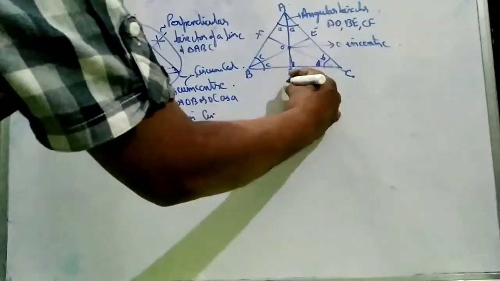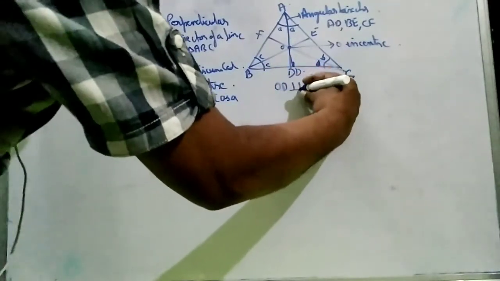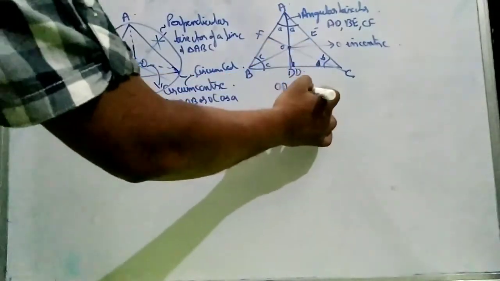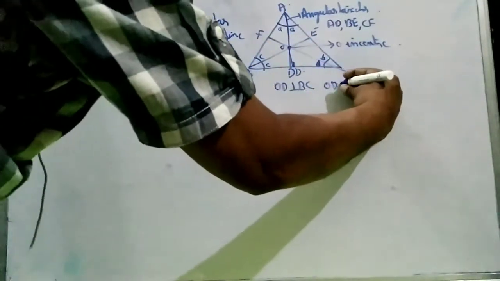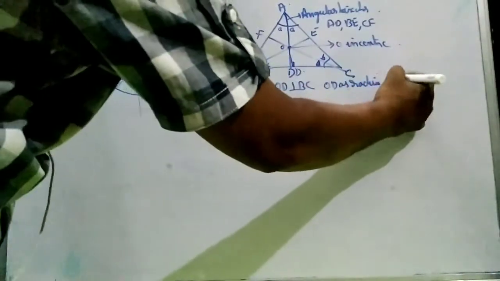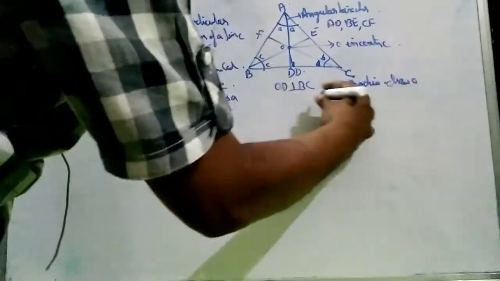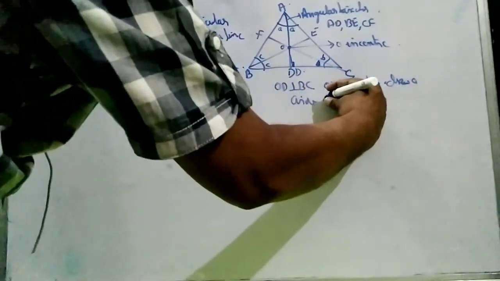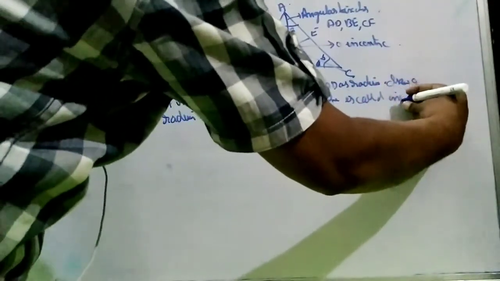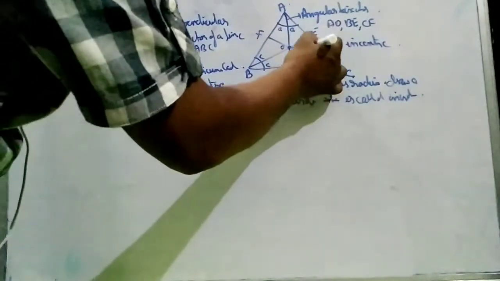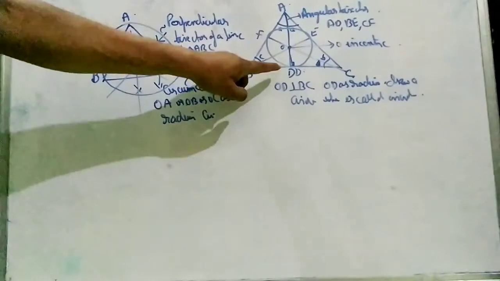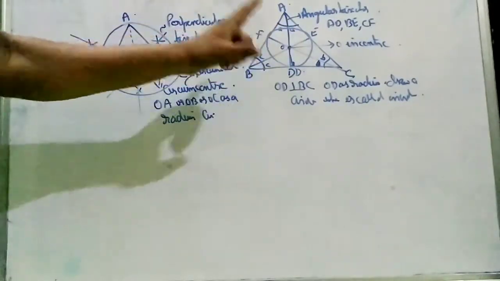Take OD as the radius and draw a circle, which is called the incircle. This is the only circle which can be drawn inside the triangle.